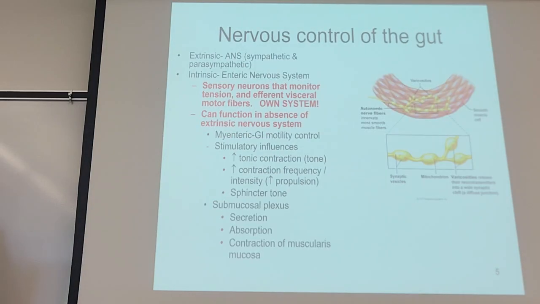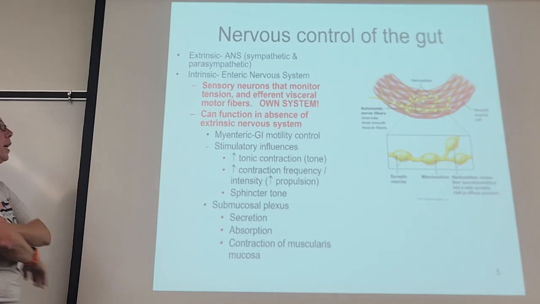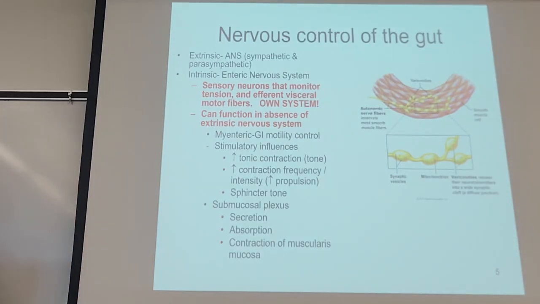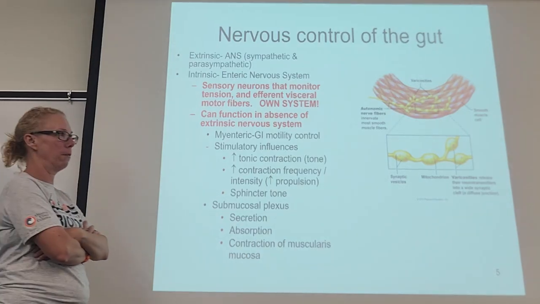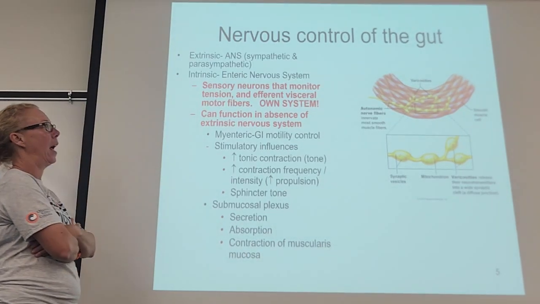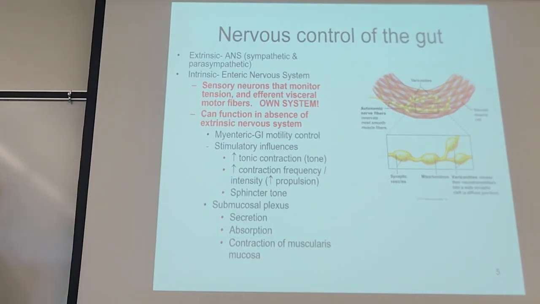The next slide has a lot of text, but all I want you to get out of this is that your gut has its own nervous system, kind of like the heart does. It's called the enteric nervous system, and it is composed of those two nerve plexuses. It makes up its own unique nervous system.